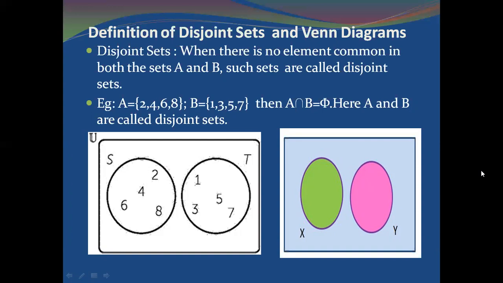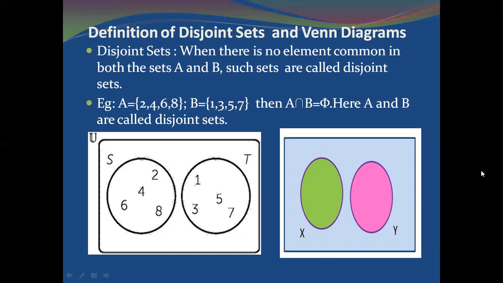Set A contains the elements 2, 4, 6, 8, and set B contains 1, 3, 5, and 7. Then A intersection B, if you see here, there is no element common in both the sets. So A intersection B is equal to the empty set. Such sets, here A and B, are called disjoint sets.